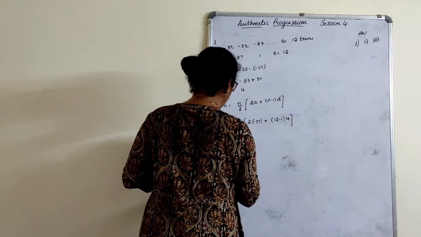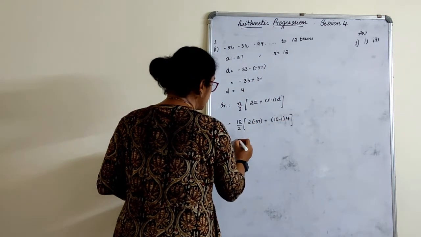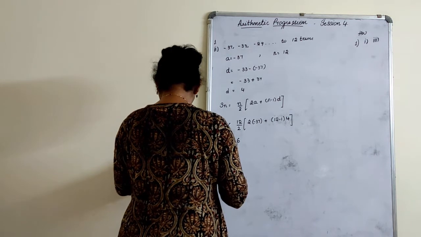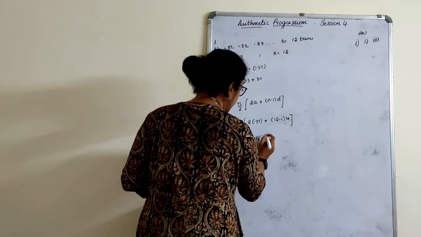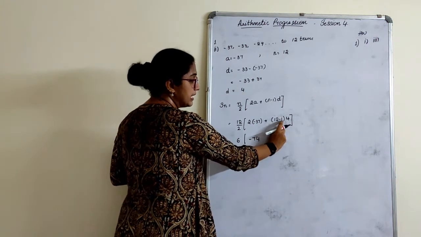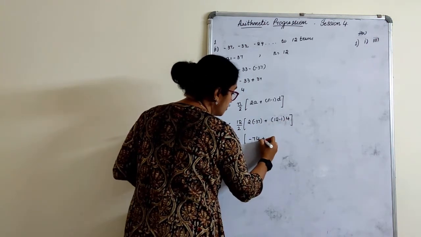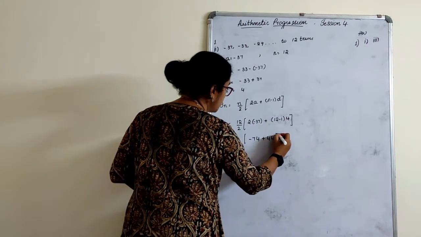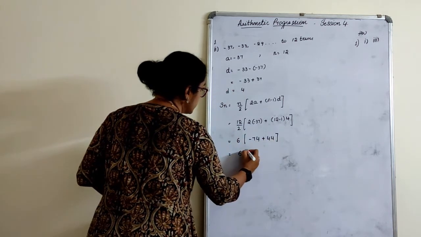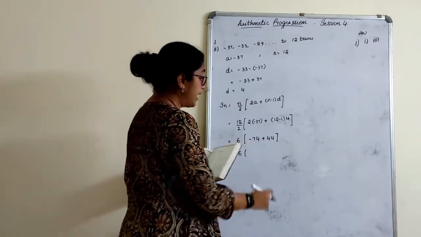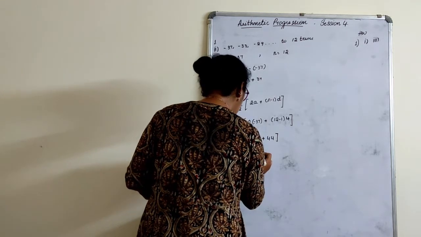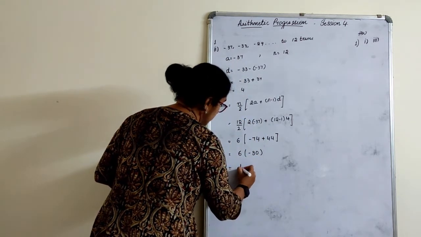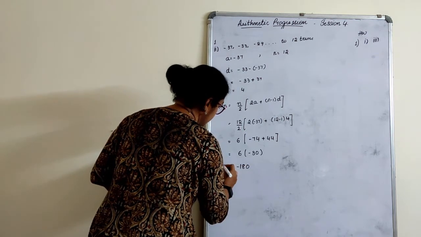Into 4. Now you can cancel. 2 ones are 2, 6 are. 2 into 37 will give you minus 74. 12 minus 1, 11. 11 into 4 is plus 44. Minus 74 plus 44 will give you minus 30. 6 3s are 18.